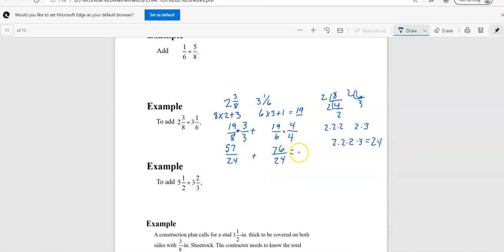Okay, and now I can add straight across. We've got 24 on the bottom. 57 plus 76 is 133. And if we don't want an improper fraction, we would divide. Remember, we'd say 133 divided by 24. Okay, it'll go 5 times.